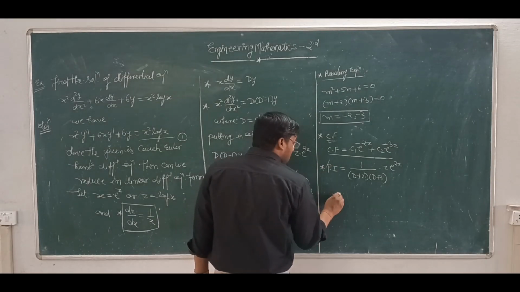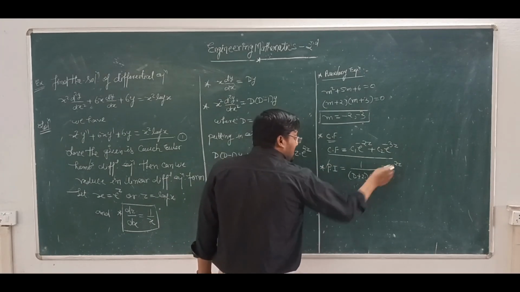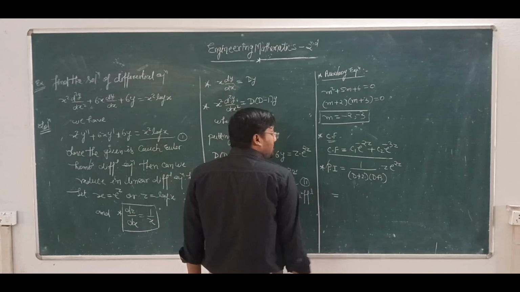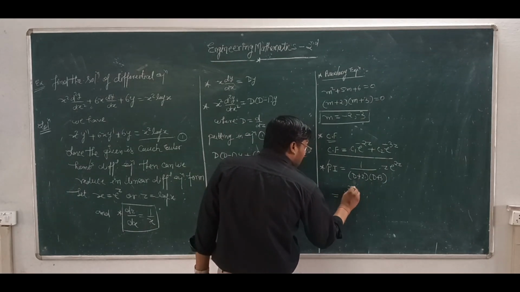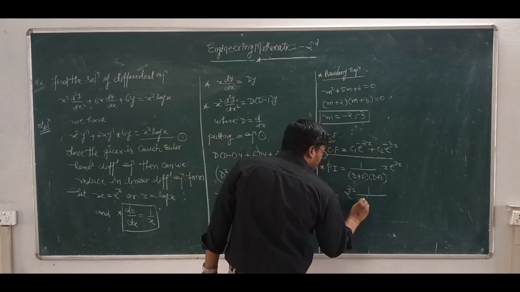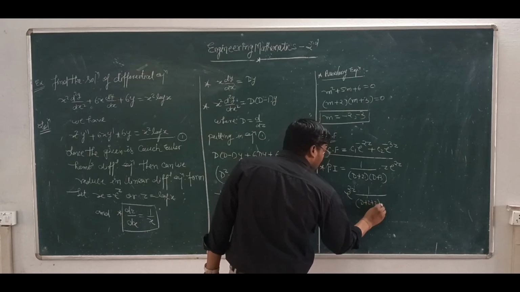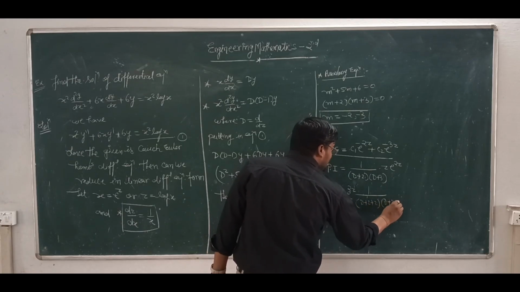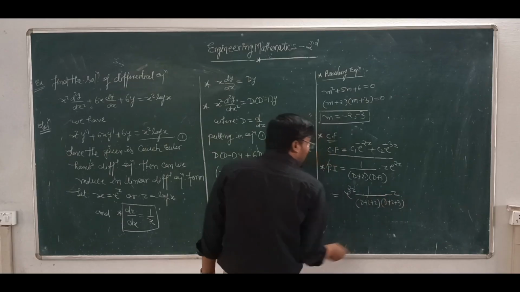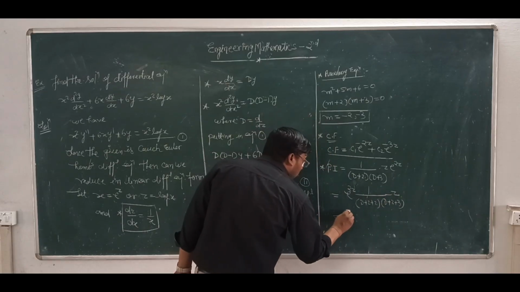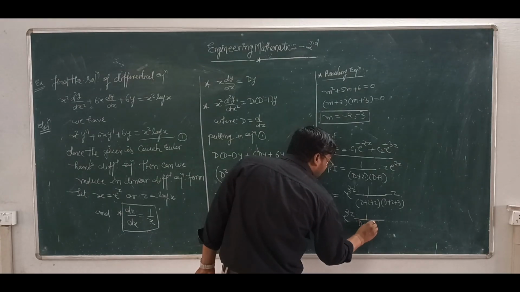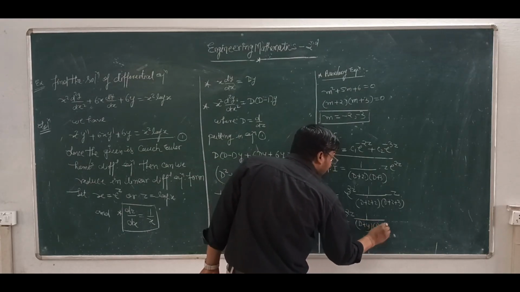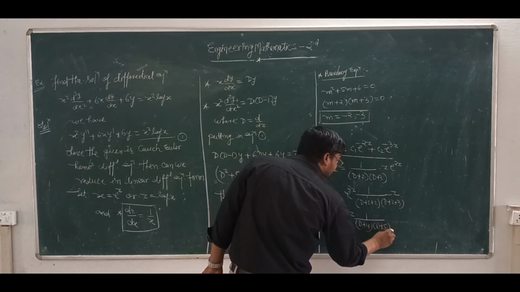Now you can solve this. First of all, put the value of D, this means 2. You can write e to the power 2z 1 upon (D plus 2) plus 2, (D plus 2) plus 3, into z. Now you can solve this function: e to the power 2z 1 upon (D plus 4)(D plus 5) into z.